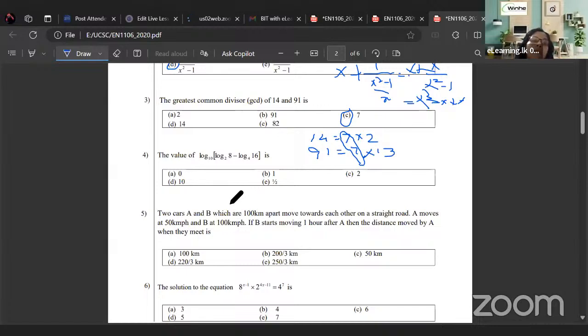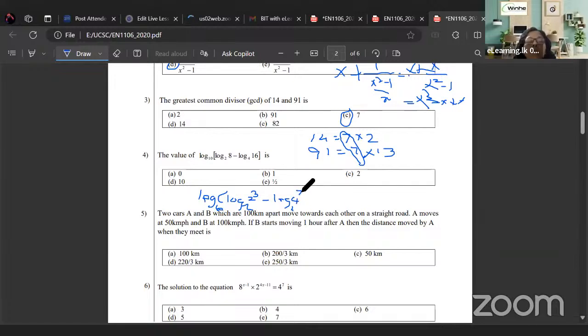Now what do we do? Log 10 is here. Log 2 8, you can write log 2, instead of 8, we can write 2 to the power 3, minus log 4, 16 we can write as 4 to the power 2.